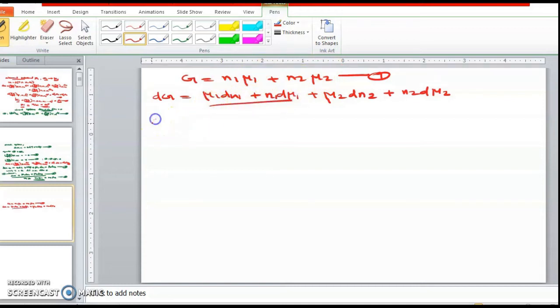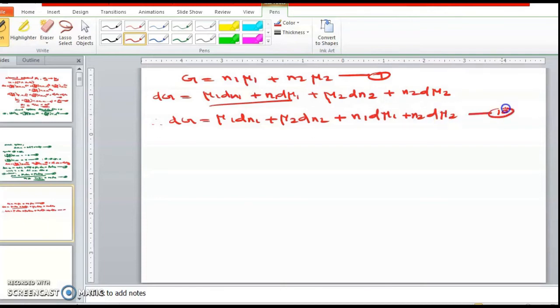Therefore, we can write dG is equal to, we are just going to rearrange these terms. We get mu1 dn1 plus mu2 dn2 plus n1 d mu1 plus n2 d mu2. This is equation 10.